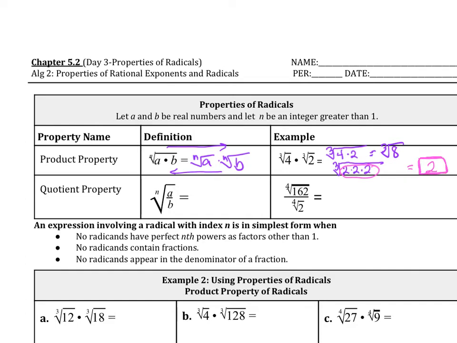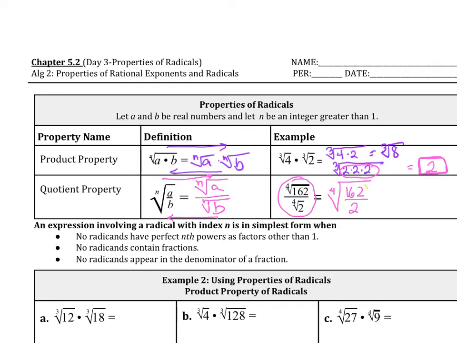The quotient property of the nth root of a over b: what we want to do is split it up, nth root of a over nth root of b. And again, with the properties, we could go from this direction to what we just wrote, or the other direction. Because they have the same index, we can write it under one single radical.